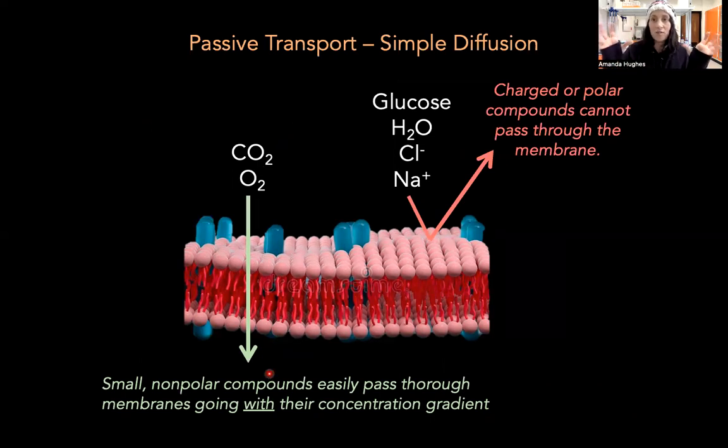So from an area of high concentration to low concentration. But again, charged or large molecules cannot just simply diffuse through the membrane. So this is the only way to have some type of simple diffusion: if you have a small nonpolar molecule.